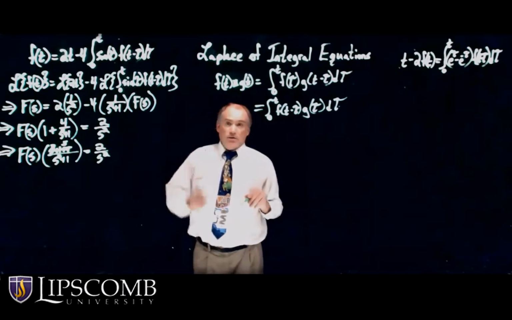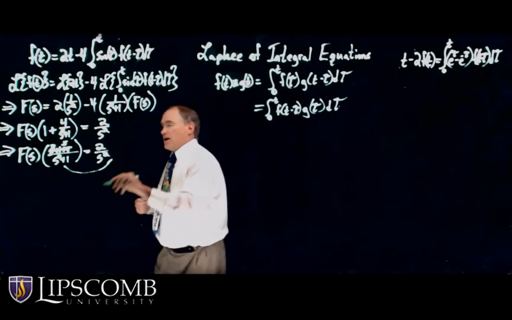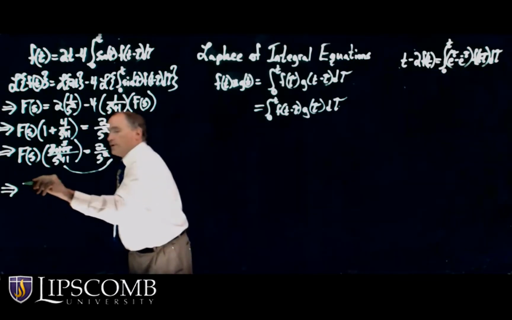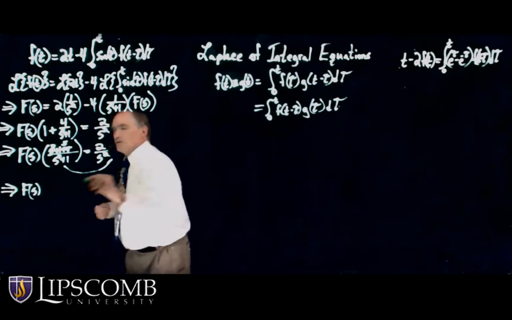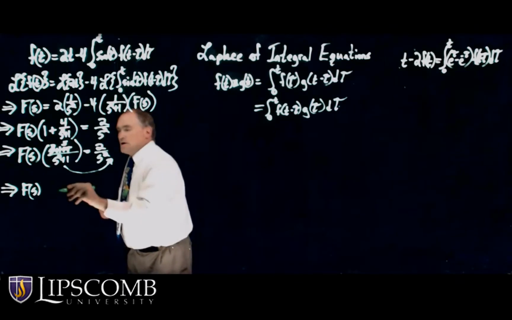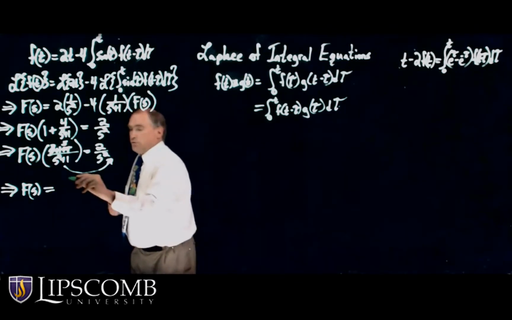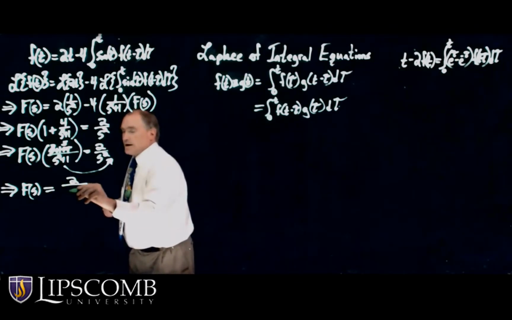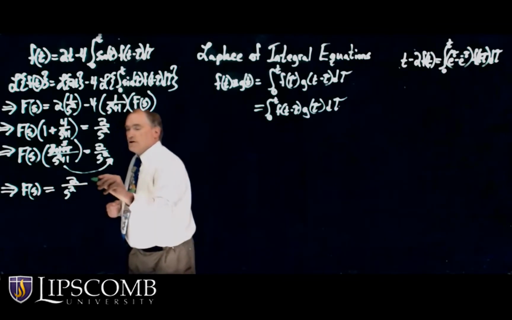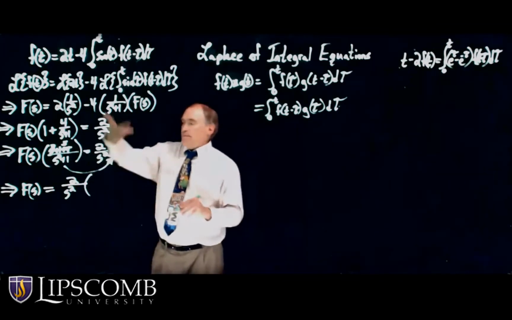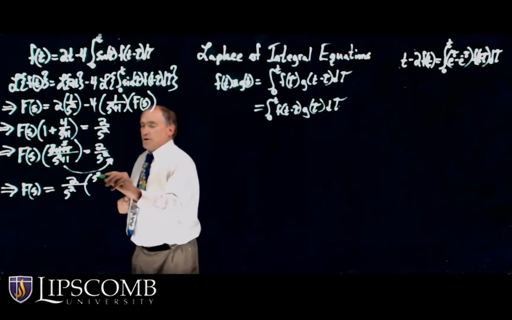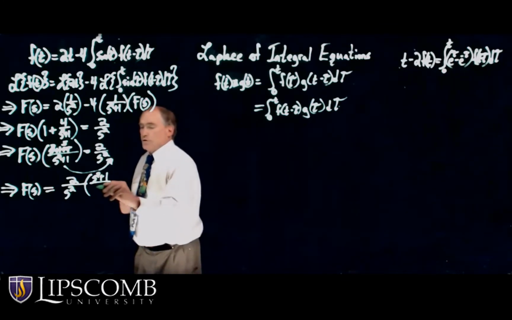So now, let's take this guy over the other side. So we have F of s, and there should be an arrow there. So F of s equals 2 over s squared times, flip it, so this would be s squared plus 1 over s squared plus 5.